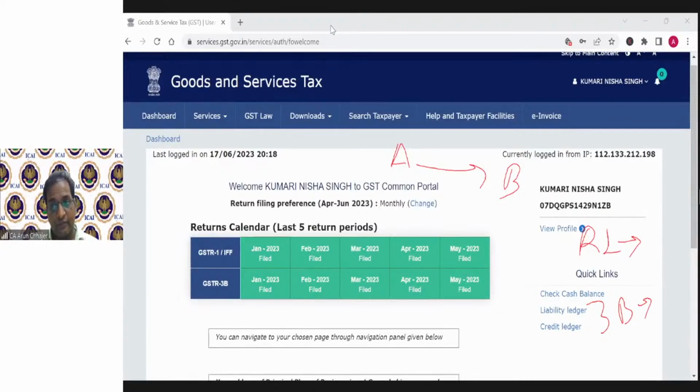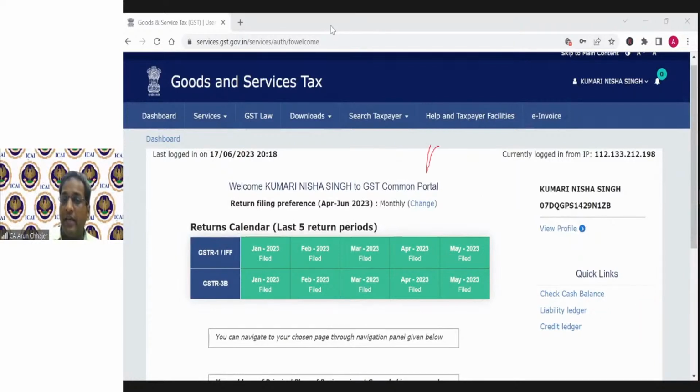Summary return for outward supply and ITC, by which the taxes are paid. Let me repeat again. Let's say I'm talking about A, who is a registered person. He will file the GSTR1, if it is monthly, by the 11th. If it is quarterly, then for the first month and second month, he will furnish IFF, which we are going to discuss.